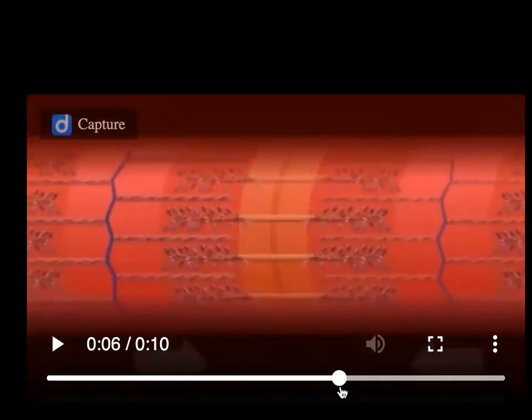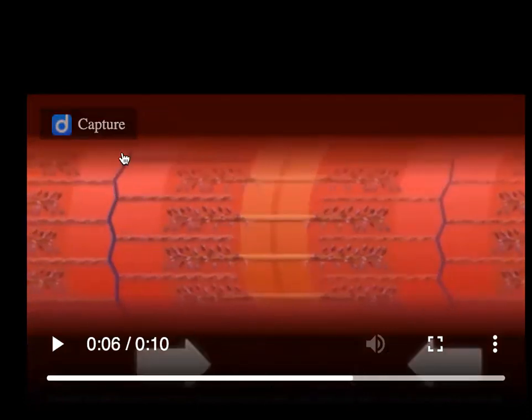During muscle contraction, you can see this is a single sarcomere from Z disc to Z disc. In the middle of the sarcomere, we see the M line, and this is our thick filament. So this is our A band. And then from one end of this thin filament to the end of the next thin filament, we have the H zone.